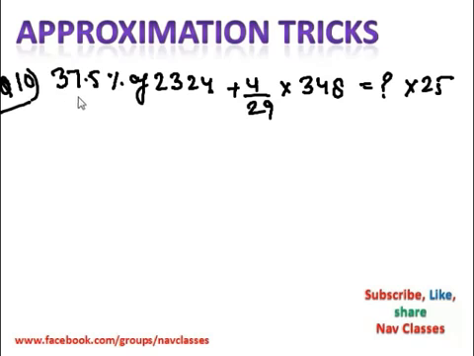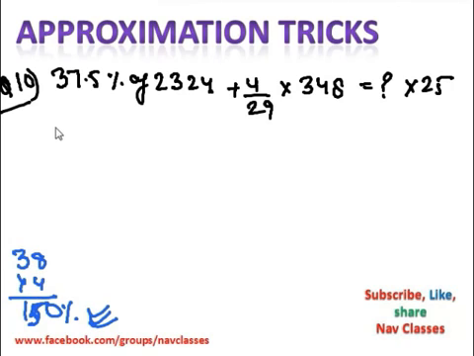Then this is 37.5%. This is somewhat complicated. Let's see how we solve it. If we multiply 38 with 4, we will get approximately 150%. Then we can take 150% of 2324.